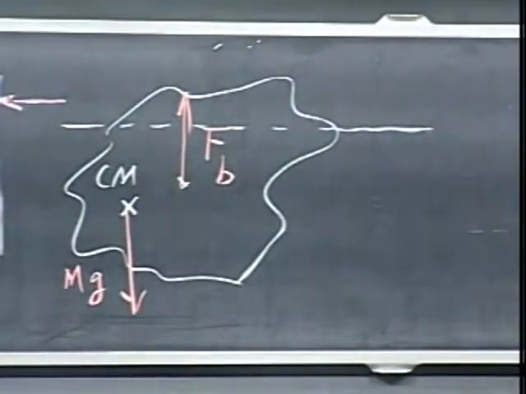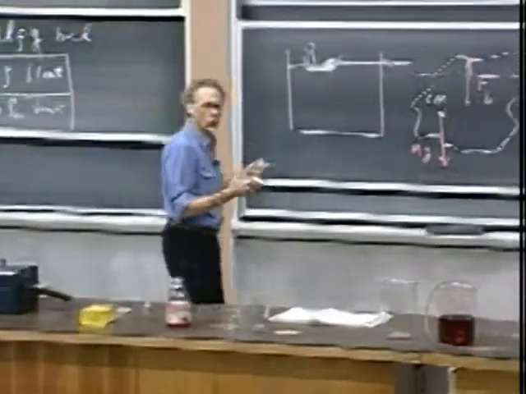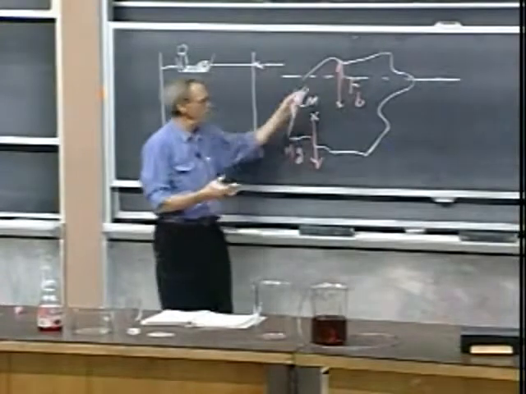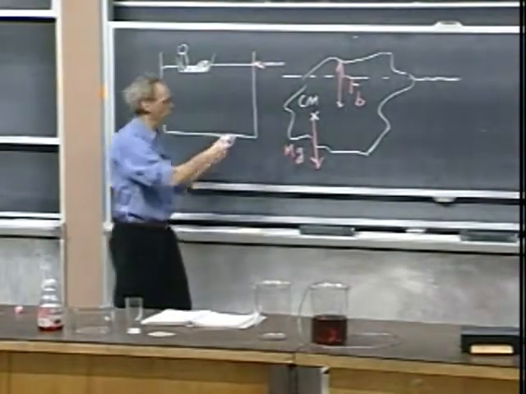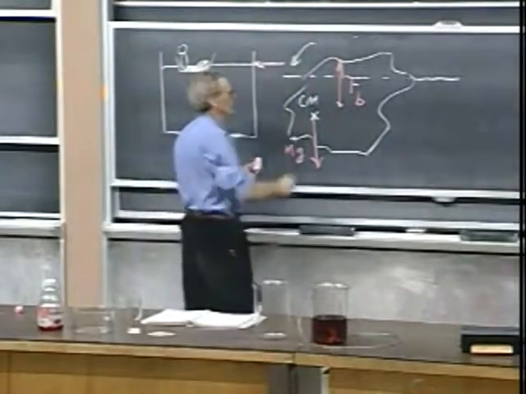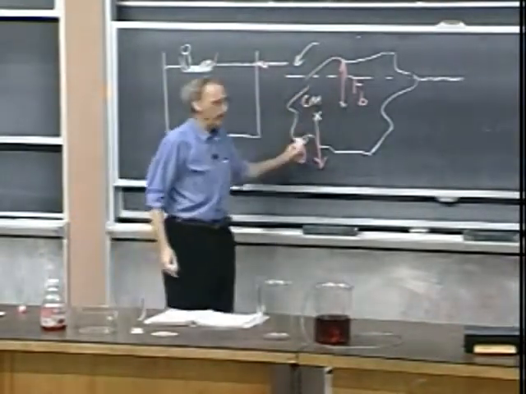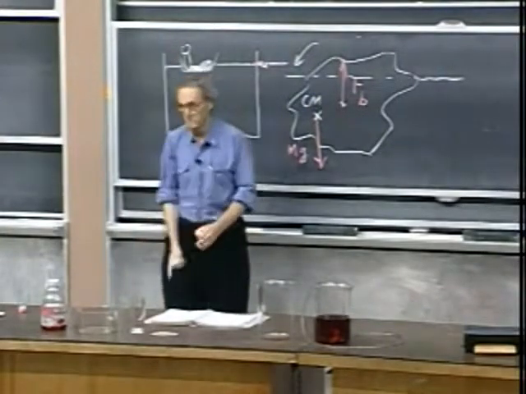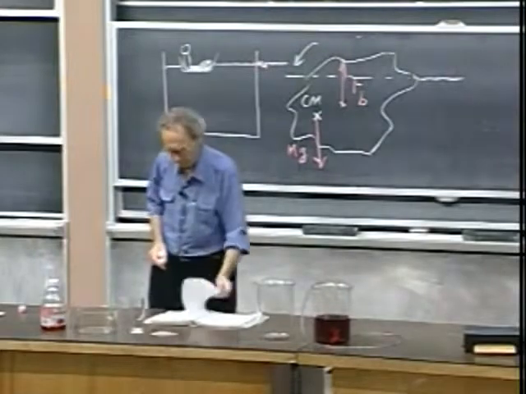And so now you have a torque on this object, relative to any point that you choose. Doesn't matter where you pick a point, you have a torque. And so this object is clearly going to rotate in this direction. And the torque will only be zero when the buoyant force and the gravitational force are on one line. Then the torque becomes zero, and then it is completely happy.